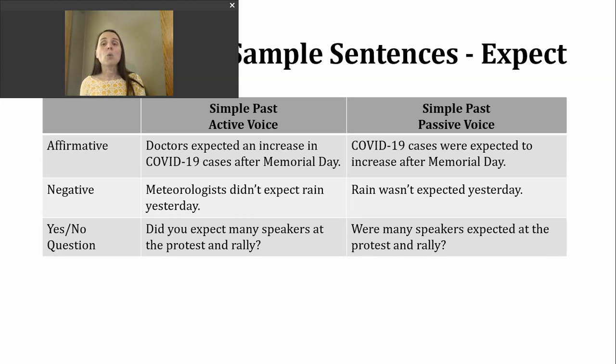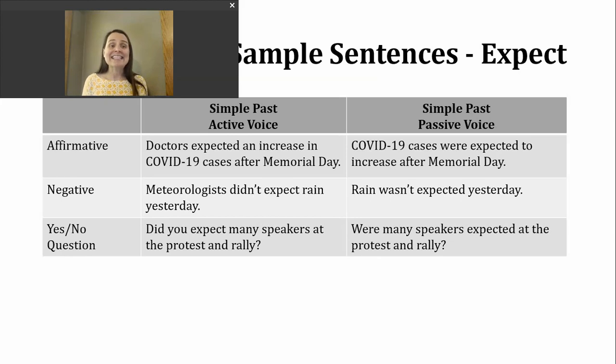COVID-19 cases were expected to increase after Memorial Day. And these sentences actually came from a newspaper article that was reporting on the large increase in cases that we're seeing in about 20 US states right now.